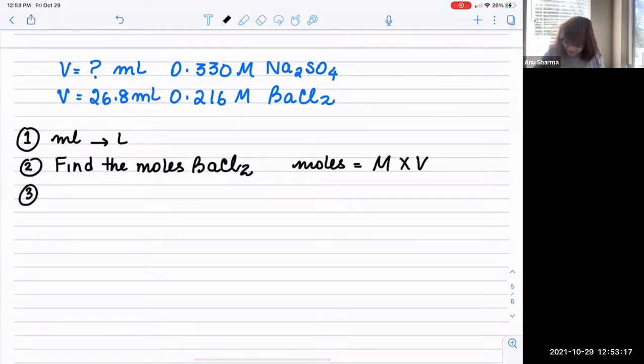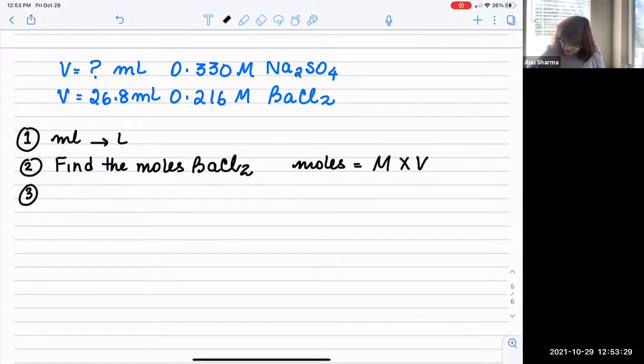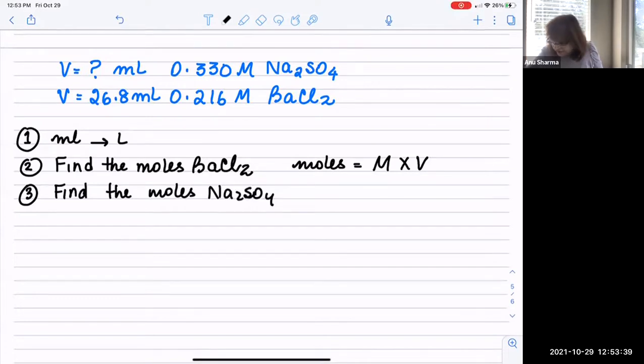Next, you take the moles of barium chloride and find the moles of Na2SO4 using the mole to mole ratio.